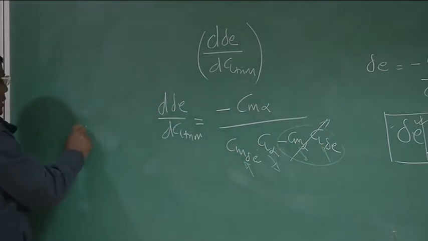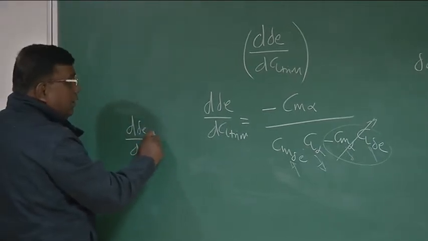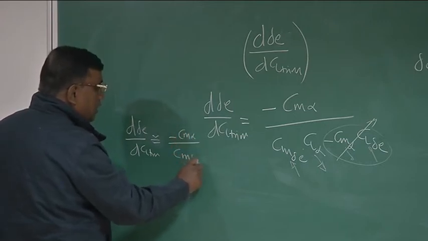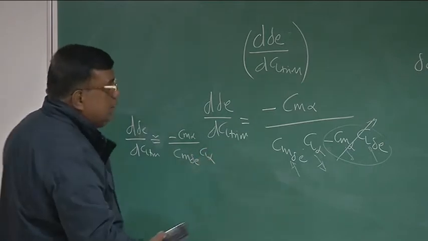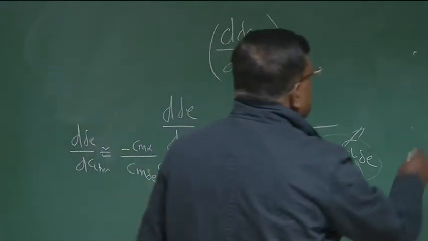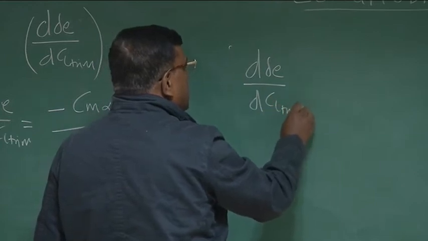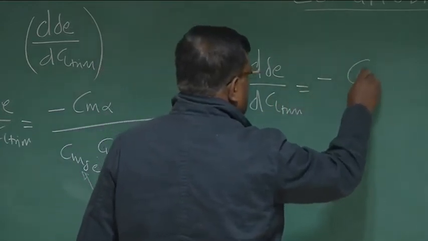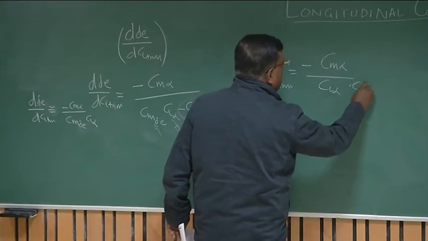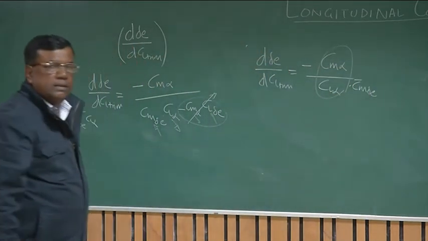So I can write d delta E by d Cl trim approximately equal to minus Cm alpha by Cm delta E into Cl alpha. So what does it tell you? What we are getting is d delta E by d Cl trim equal to minus Cm alpha by Cl alpha into Cm delta E. Now, could you see Cm alpha by Cl alpha is what?